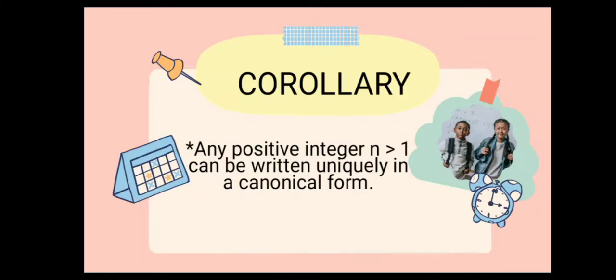So by collecting like primes and replacing them by a single factor, we can rephrase Theorem 3.2 as a corollary. The corollary is: any positive integer n greater than 1 can be written uniquely in a canonical form.